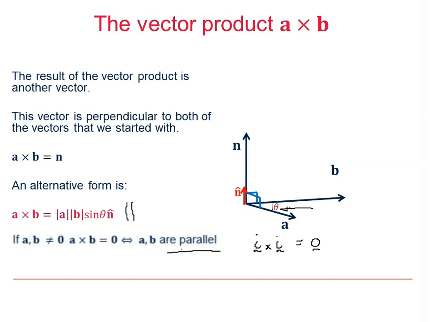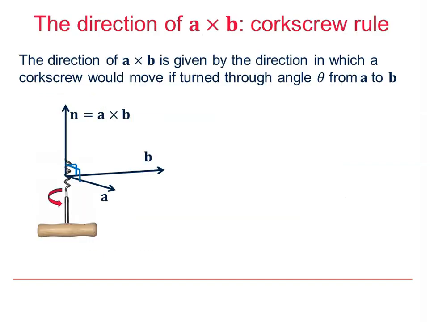We can determine the direction of the cross product by using what's called a corkscrew rule. So if you look at the diagram here, we have a corkscrew which we're turning from a to b. So if we turn from direction a to b with a right-handed, usual sort of corkscrew, it will travel in this direction.